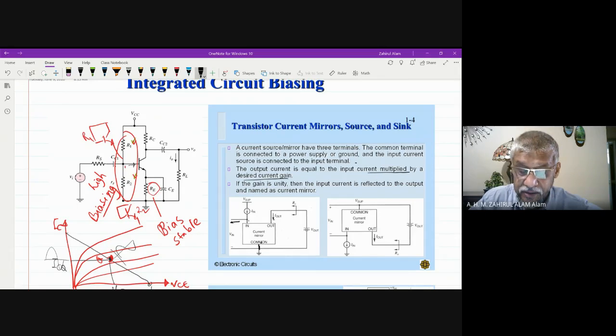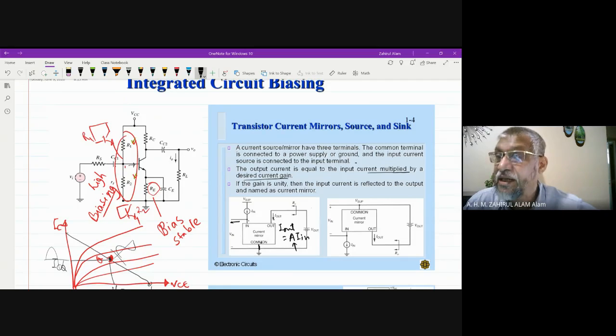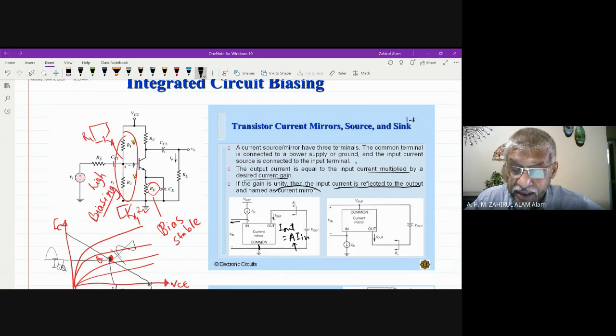So this output current I out is equal to A times I in. So if you use a desired gain, this is like a current amplifier. If the gain is unity, A equal to 1, the input current is equal to the output current. This is known as a current mirror.